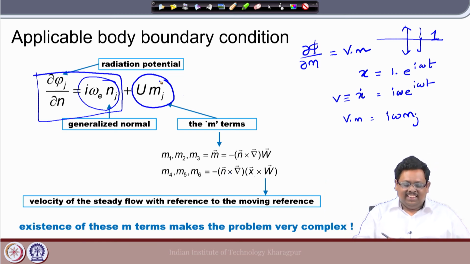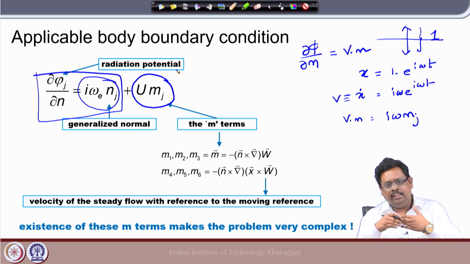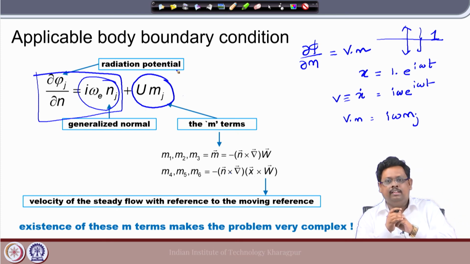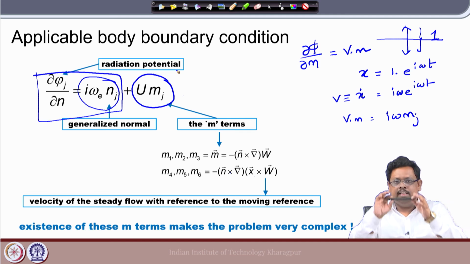Now, these terms come because of the forward speed, right. You can see here that even if U is 0, then we do not have this term. Now, what are these m terms? Physically, it is the radiation potential that comes due to the forward speed, right. Normally, in the zero speed case the ship is just oscillating this way.